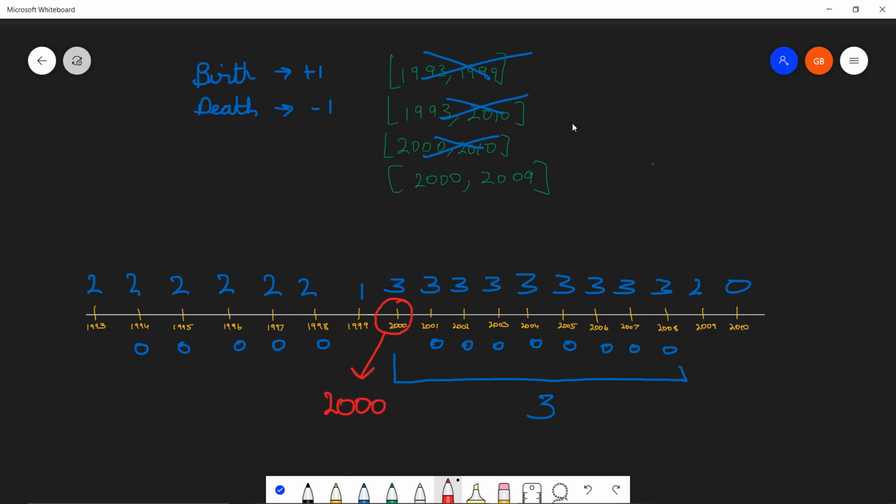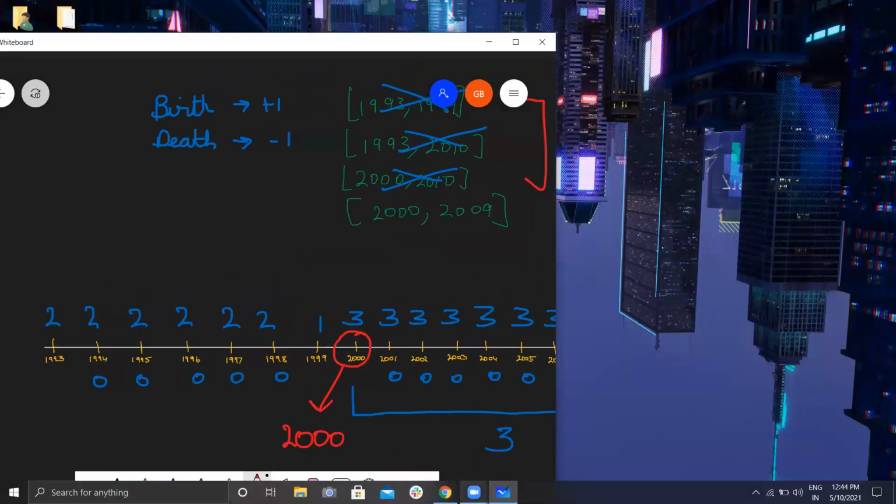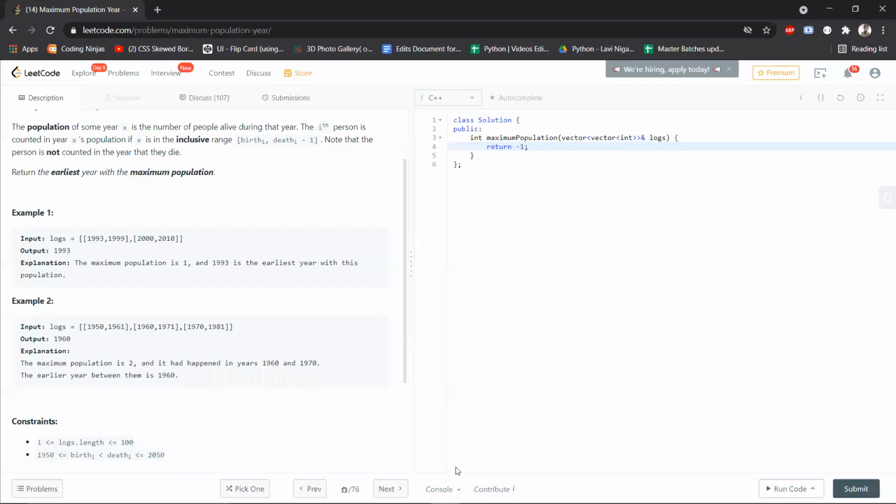So since I actually made this test case on the spot for you guys, I'm going to run this test case and see if the dry run that we did was actually correct. So I have taken this input already and I'm going to run this code. And let's see what the answer is. And it's 2000, right? The expected answer for this input is 2000, and you are absolutely right.